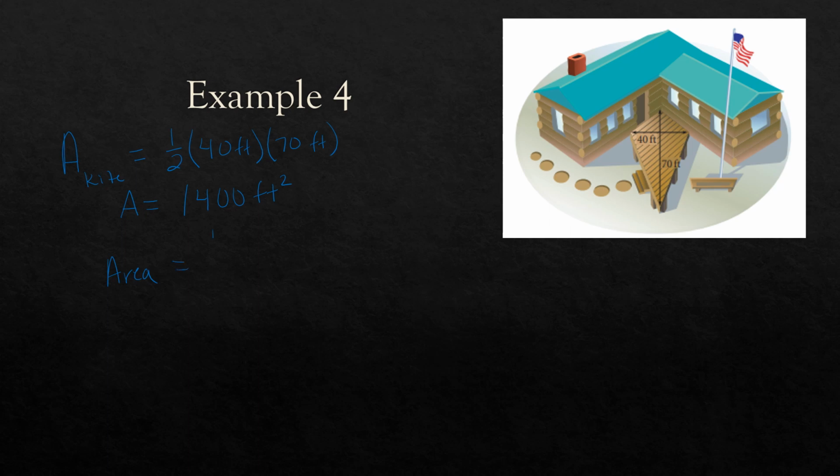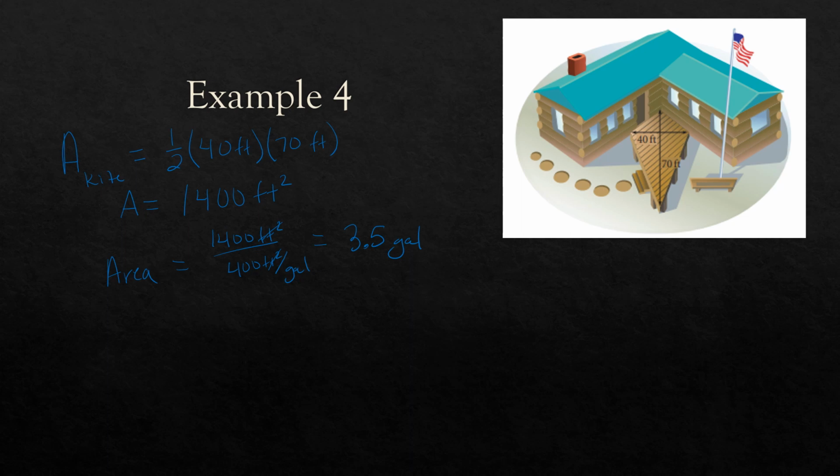We could take that and divide by the 400 square feet per gallon that the sealant covers. If we're keeping track of our units, we're going to cancel out the feet squared because we have them on top of each other. And then the gallon would be 1 gallon in the denominator, which means if we bring it to the numerator, it'll just be gallons. So 1,400 divided by 400 is 3.5 gallons of sealant needed each time he coats the deck.